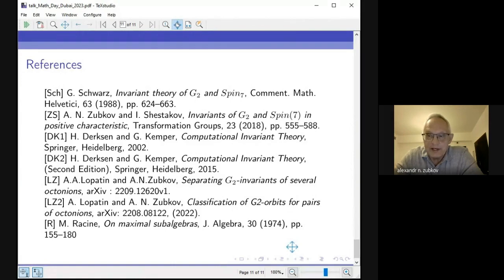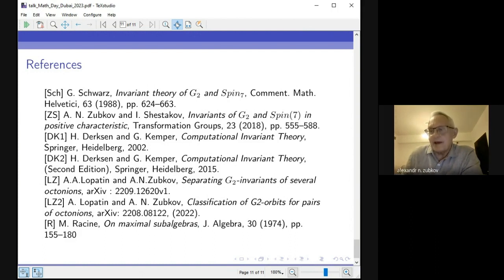Unfortunately, they do not have good filtrations if the characteristic is small. For the group F4, I can prove that exterior powers of the Albert algebra have good filtrations only if the characteristic is at least 17.